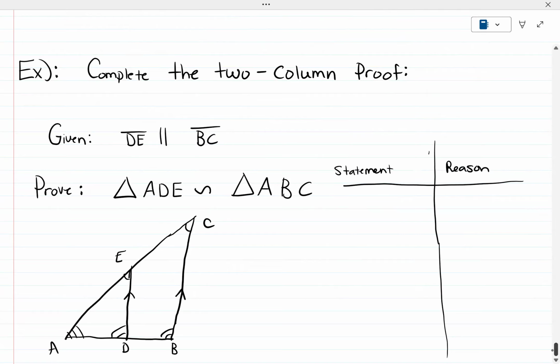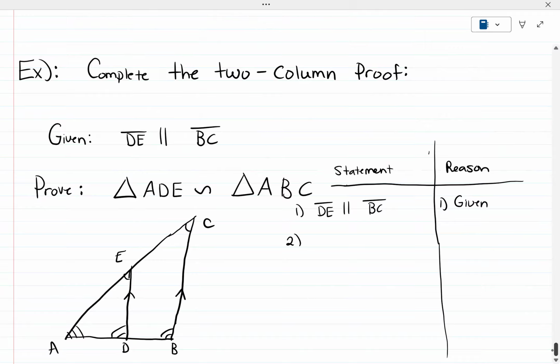We always write out our givens. So my given is line segment DE is parallel to line segment BC, because that was given.